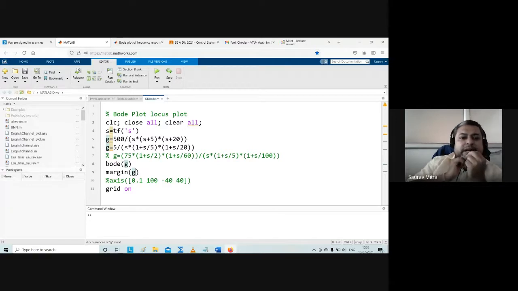So from 0.1 to 5, the net slope is minus 20 dB per decade. From 5 to 20, the net slope is minus 40 dB per decade. And 20 onwards means up to which frequency?